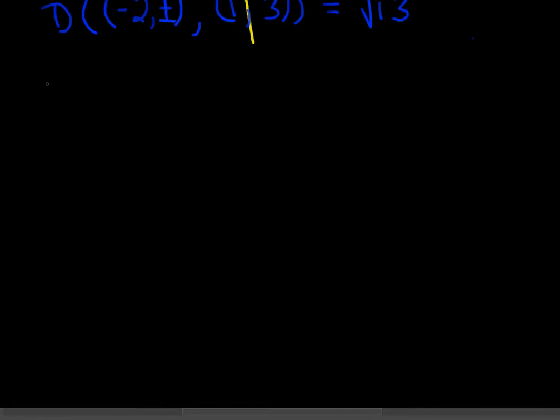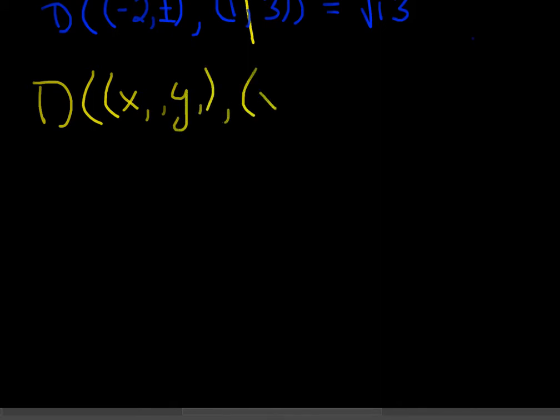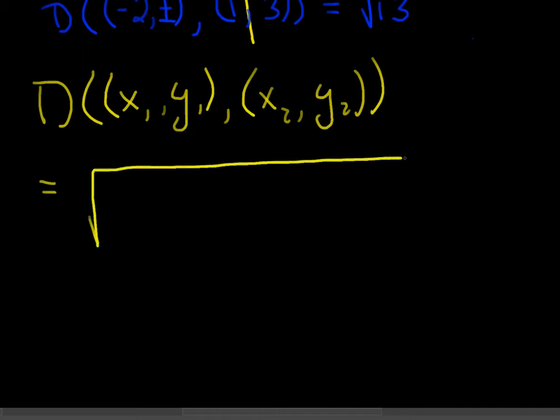So if I want to look at the distance between a generic point, say x1, y1, and the point x2, y2, then that's going to be equal to the square root, coming from Pythagorean's identity.